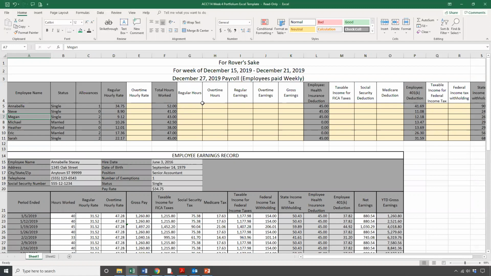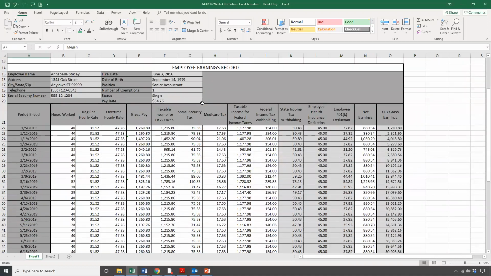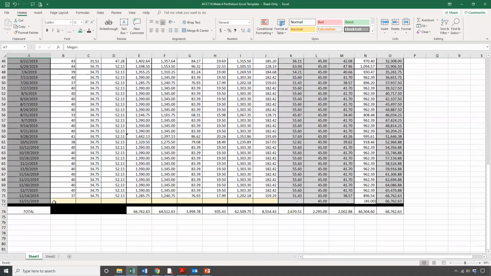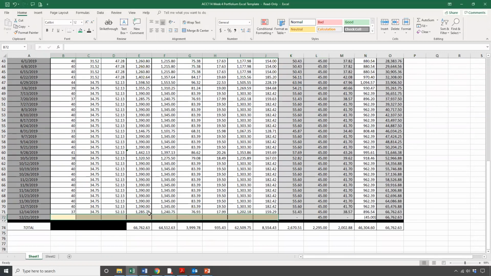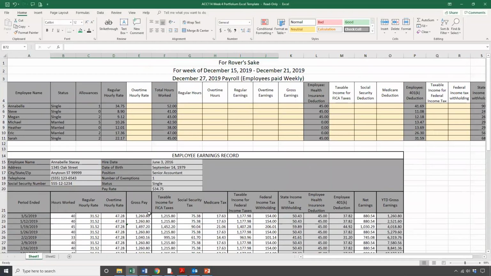So do this first part first, and then you can add the information to her time record here so you can get your year-to-date numbers. And then remember when you do your pay slip, it's really for the paycheck that she's getting on December 27th. But as you just saw, it does include some year-to-date information as well.